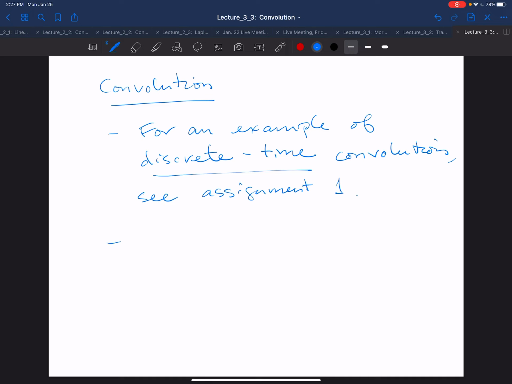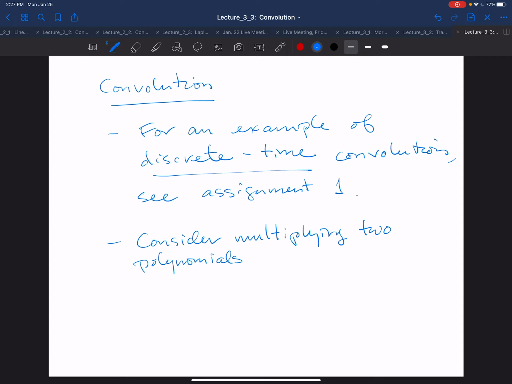But let's take another example of a discrete kind of convolution. Consider multiplying two polynomials. Obviously, the result is going to be another polynomial. The question is, what are its coefficients?